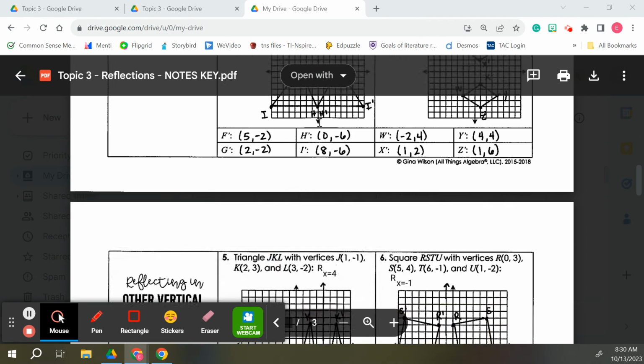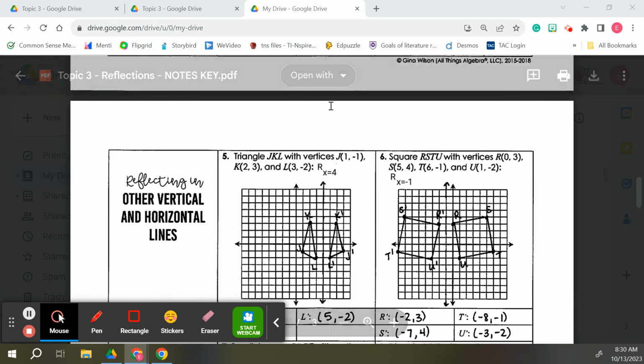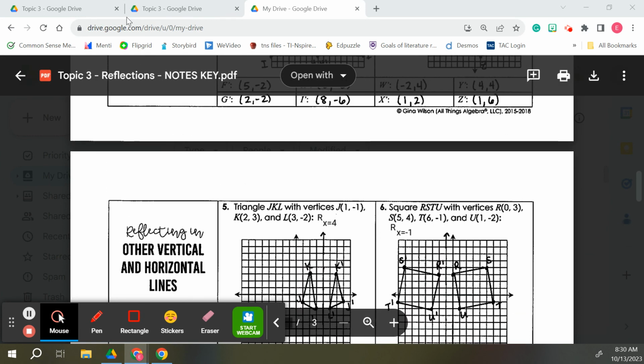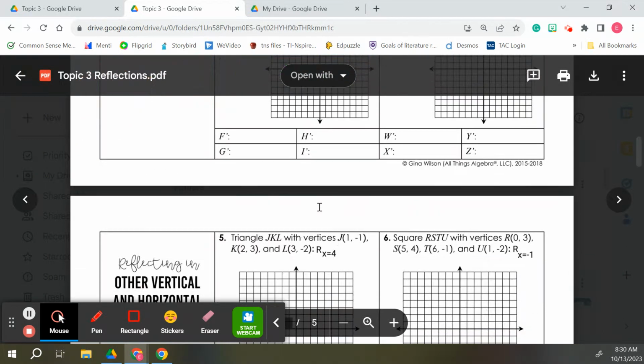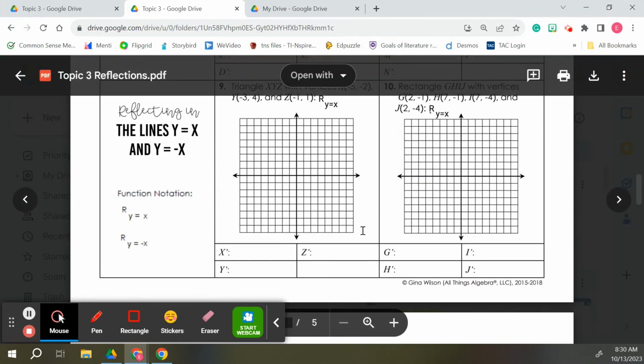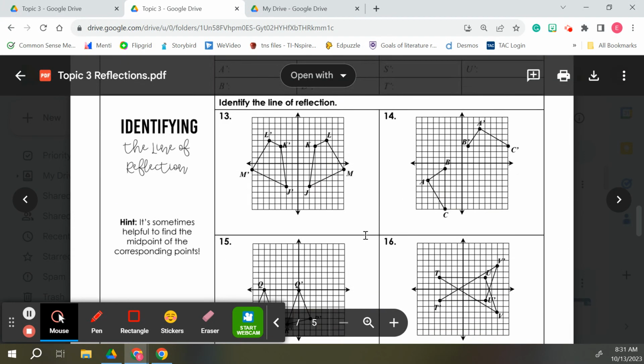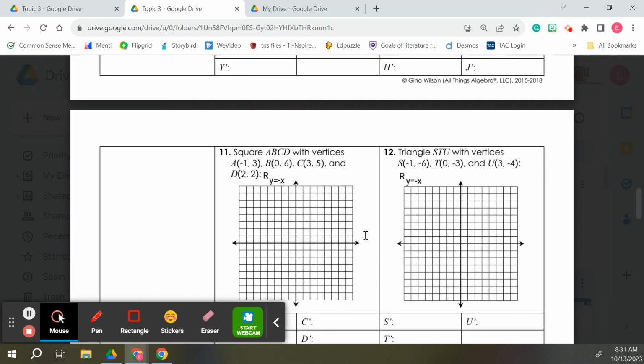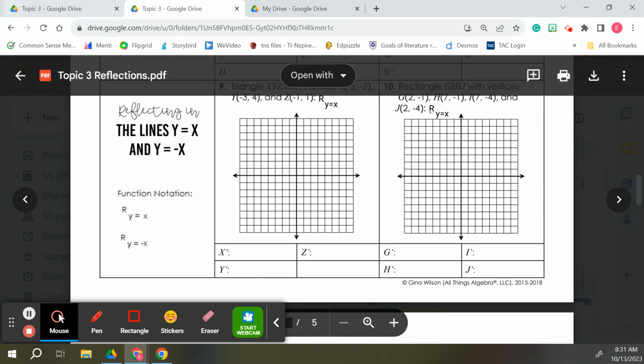All right, let's move on. So we're going to pause on this part right now. I want you guys to go down to this part where it has the rules, okay? We're going to do these first. So this next set of rules goes the following way. We're talking about y equals x or y equals negative x. So we're on this diagonal, okay?